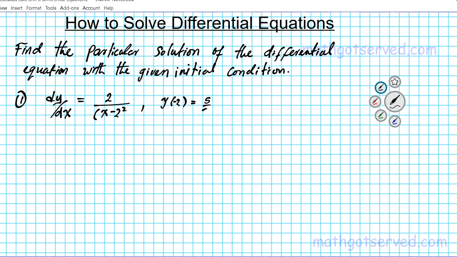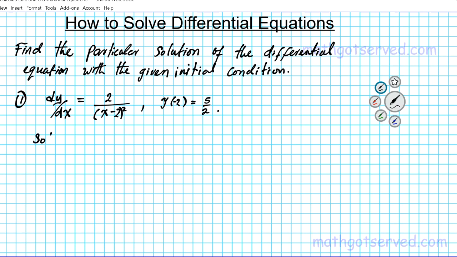First of all, how do we know that this is a differential equation problem? Well, anytime you have an equation that involves dy/dx, you automatically know that it's a differential equation problem. So to solve it, in this particular problem, we're going to be using the separation of variables method.